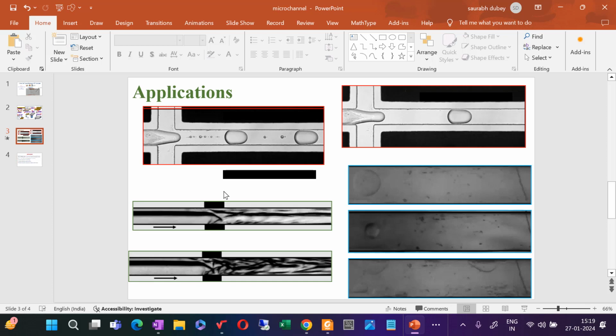Sometimes it is required to mix them in the microfluidic channel. So people are employing different force fields, for example the electric field in this case. Sometimes people have also employed magnetic field, in order to mix the fluid on demand wherever it is required.